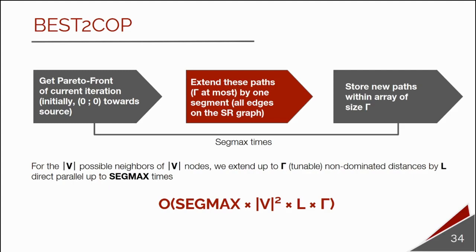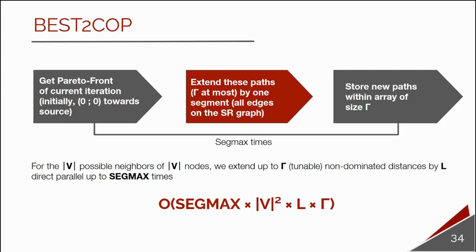So at iteration x, all paths of x segments that are on the Pareto front are known. And this is it. You do this segmax times, so about 10 times, segmax being the maximum number of segments you are allowed to use.